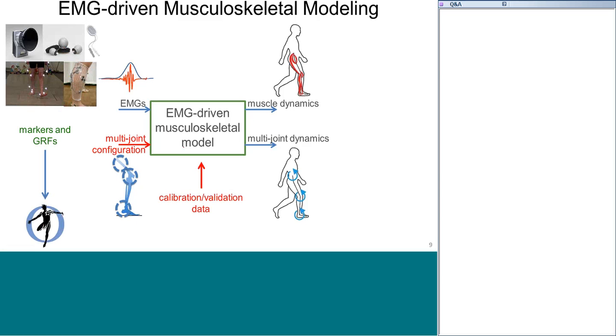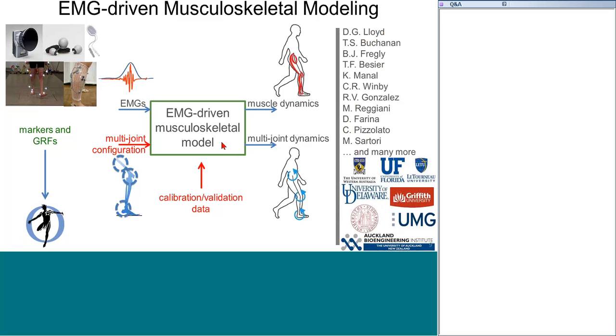With the next slide, I would like to spend a little bit more time to explain what happens in this step, and then I will talk about how the model works. Before moving to the next slides, though, I'd like to stress the fact that the EMG-driven model that I will be presenting in the next few slides was developed starting from the previous contributions of many people and many institutions.